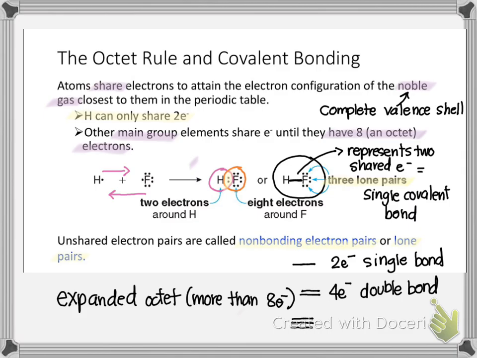So each line represents 2 electrons being shared. And so 3 lines represents 6 shared electrons, and this is called a triple bond. So we'll be using lines for the shared electrons, and then we'll be using the dots for the non-bonding, also called lone pair electrons.